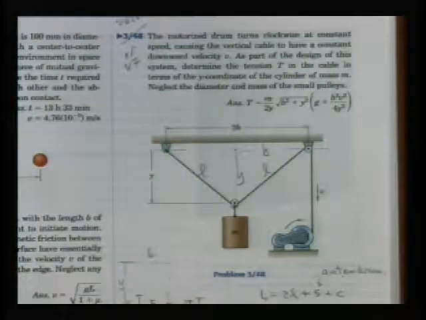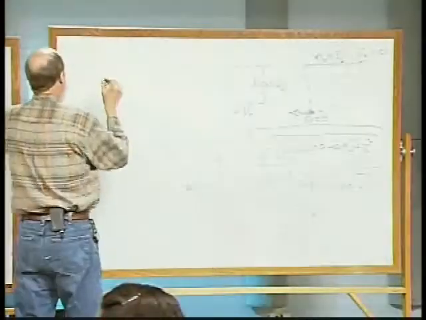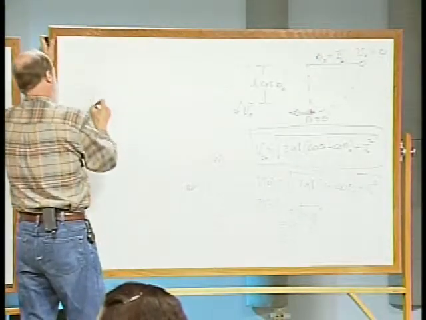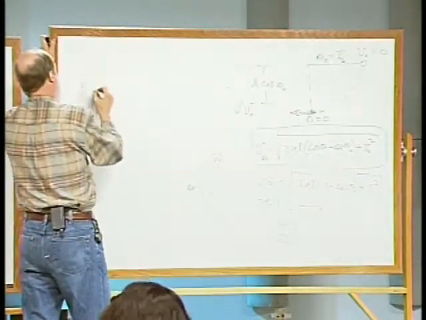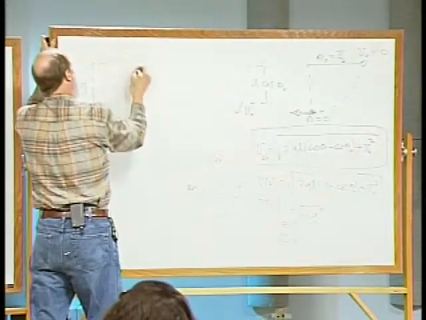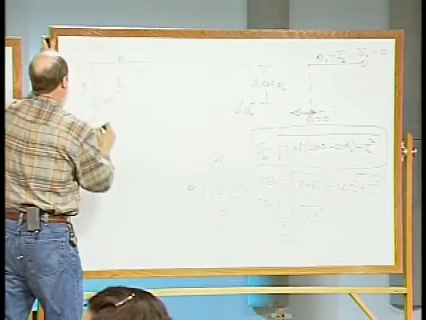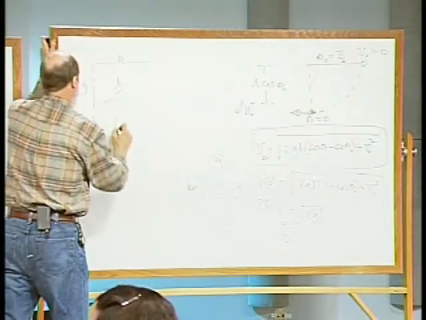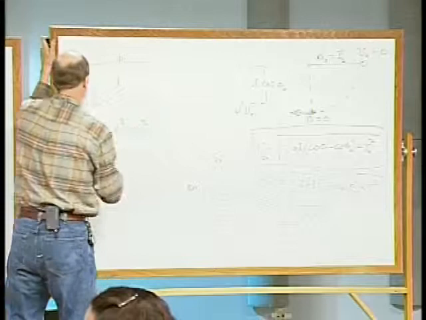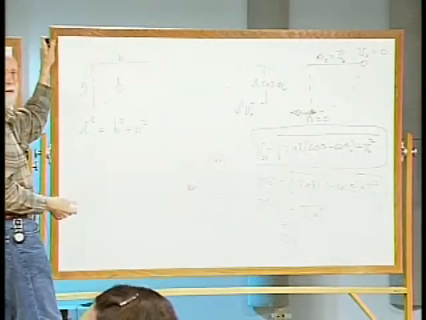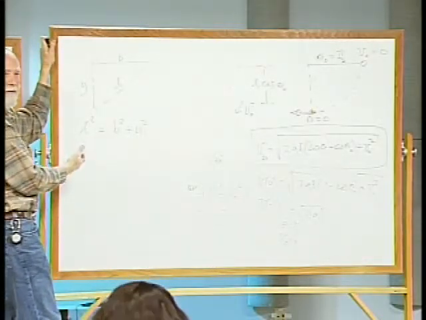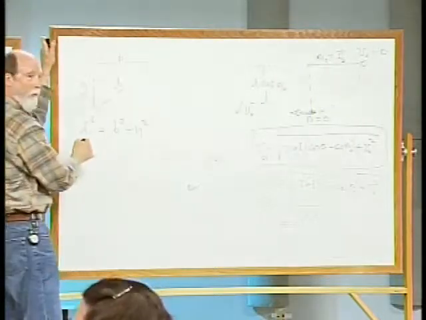Let's go ahead now and grab the Pythagorean relationship, which says that we have y, we have b, and we have L. And so L squared equals b squared plus y squared. Right? So differentiate this implicitly.